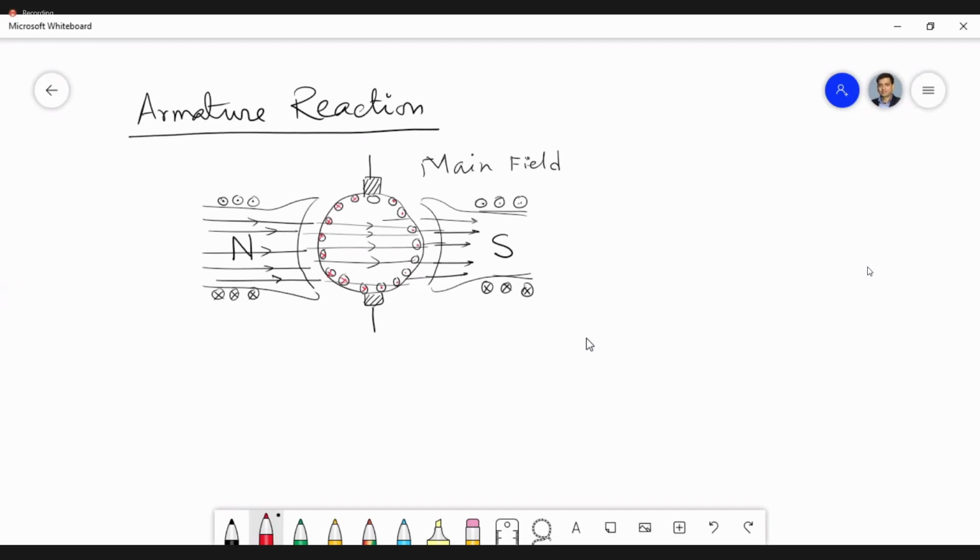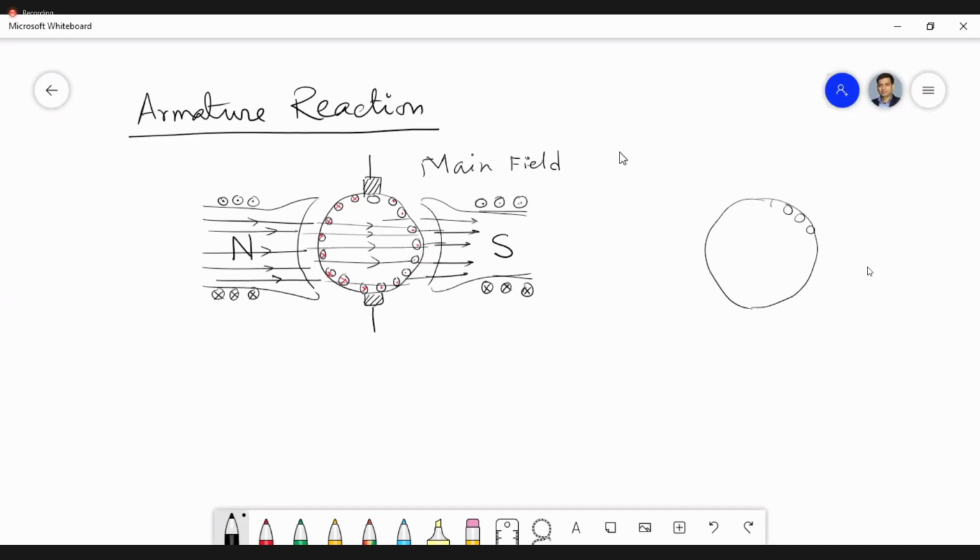Can you tell me whether the flux lines will remain the same? Anyone? No, sir. It will not really. Whether the flux lines will remain same or it will be distorted? Distorted. Why? It will be distorted due to armature.